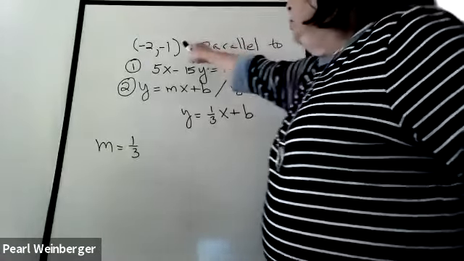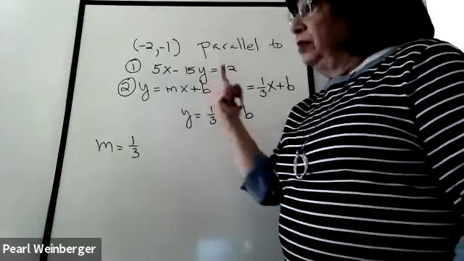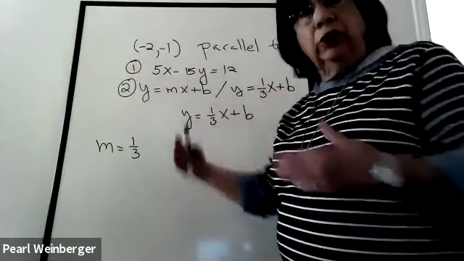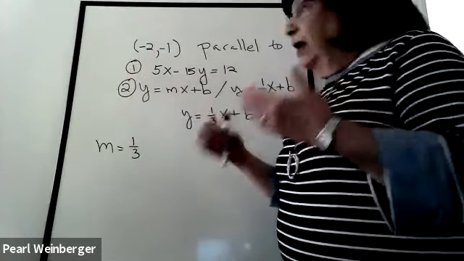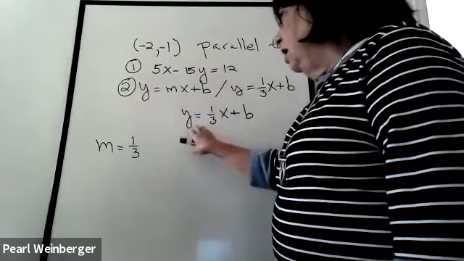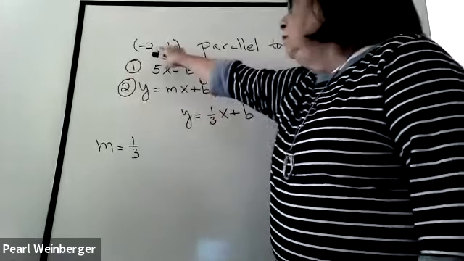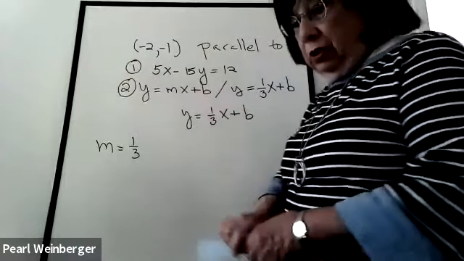We take the point. In this case, they only gave us 1 point. In the previous example, we actually had 2 points. Any point that's on the line, the coordinates, the numbers have to fit into the equation of the line.